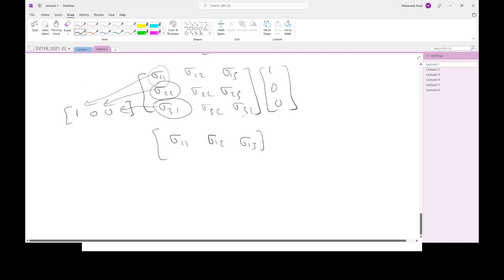This is just a matrix vector multiplication. Now, you need to multiply this one with this one. So you have 1 multiplied by sigma 11, 0 multiplied by sigma 12, and 0 multiplied by sigma 13. So this is going to be sigma 11, and sigma 11 is the one associated with the vectors E1 and E1, just like we identified at the beginning.